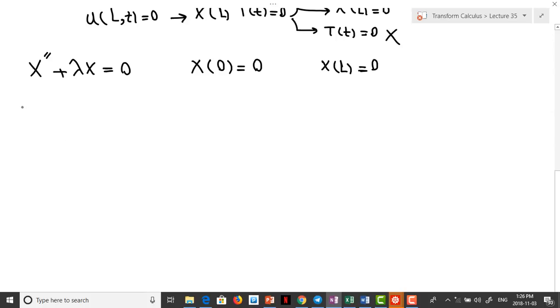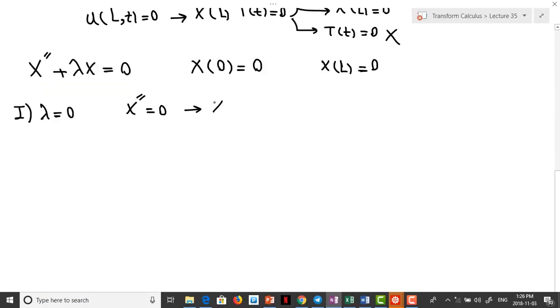So in the first case, we assume that lambda is equal to 0. If lambda is equal to 0, it means that X double prime plus lambda X is equal to 0, so X double prime is equal to 0.